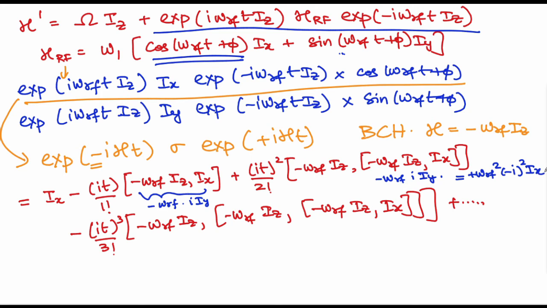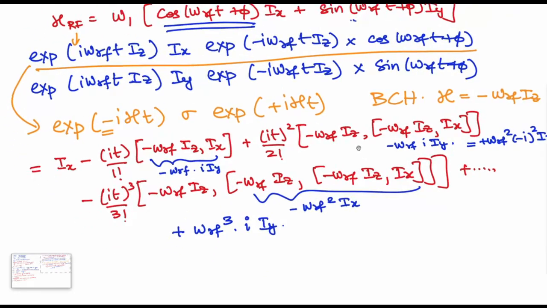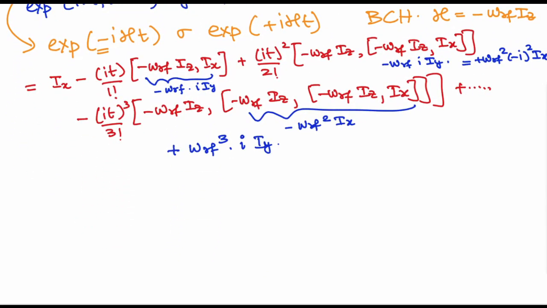So similarly, this one is, so therefore this is going to be minus omega_RF squared Ix, because you're going to have a minus 1 squared, there will be plus 1, and minus i squared will be minus 1. Therefore, you can get this, and the entire thing will therefore be, so let us simplify this now.